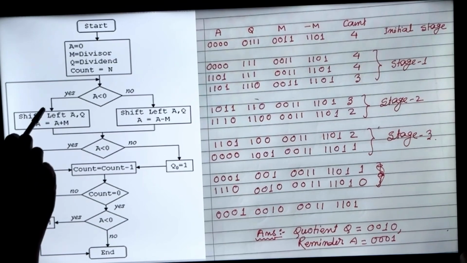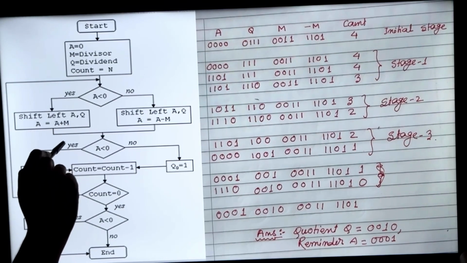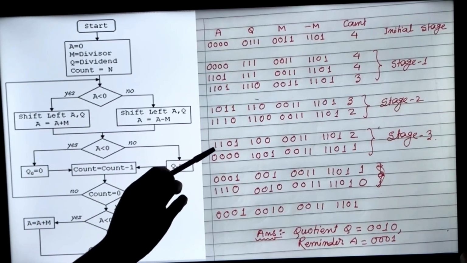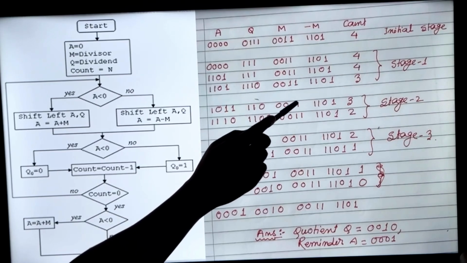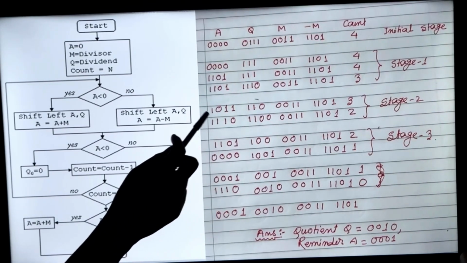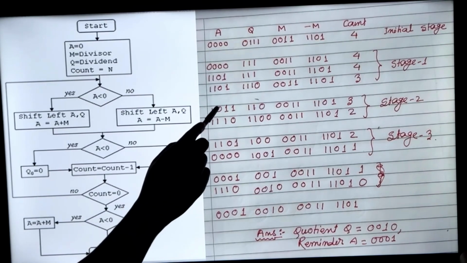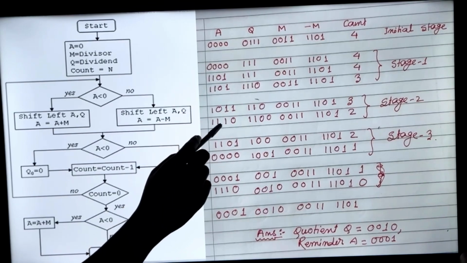Next, after shifting I have to perform A equals A plus M. What is my A? 1011. What is my M? 0011. You just add these two. I am not explaining how to add these two numbers now, you are expert enough to do that. If you add these two, you will get 1110 only. Do it and see.